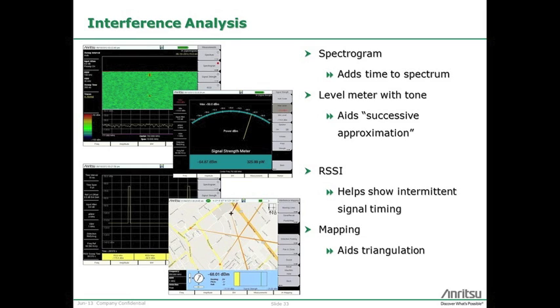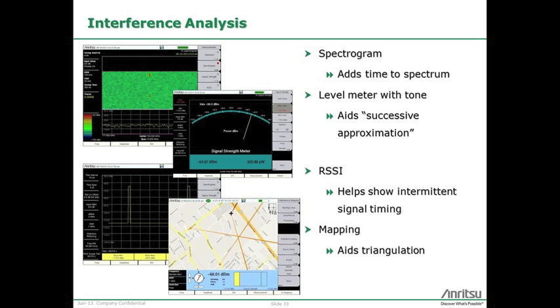With the signal strength meter, you can turn on a tone, so you can be aiming your directional antenna and listening for the highest signal level. It's very handy for successive approximation or direction finding. Receive signal strength indication shows you intermittent signal timing and also signals that drift over time.